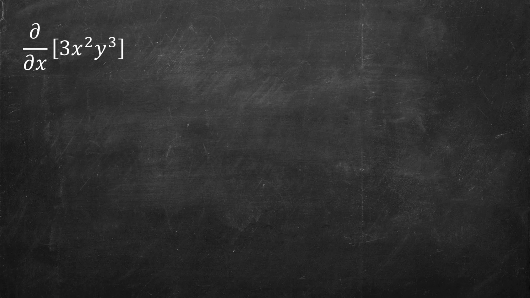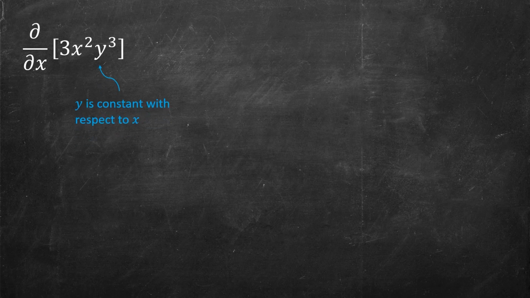When I think about just the partial derivative with respect to x of, say, the function 3x squared y cubed, I haven't evaluated any specific point, so I want to do it in general. The way I'm thinking about this is that because I am taking a partial derivative with respect to x, y is fixed, y is constant. It does not change as I'm changing the value of x.